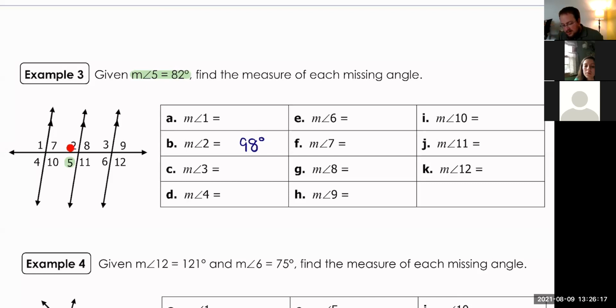I now know that angle 2 and 1 are corresponding, which means congruent. 2 and 3 are corresponding, which means congruent. So very quickly, 1, 2, and 3 should all be 98 degrees because they are all corresponding angles, either one with the other or vice versa. Any combo you want, 1, 2, and 3 are all corresponding angles.